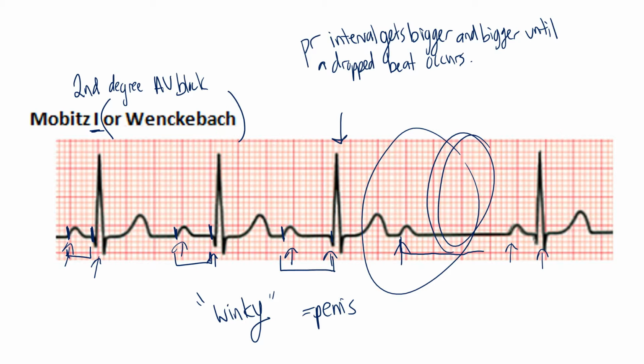In an adult, an erection happens, so the penis gets bigger and bigger and bigger, and then after sex, it goes back down, which is the drop section. So that's kind of stupid. I'm sorry if that made you mad or whatever, but that always helped me to understand it. So whenever I see Wenckebach, I think of Winky, and that reminds me of that whole thing. Okay? So this is second degree AV block, the type 1.